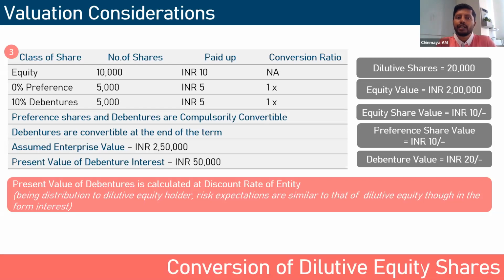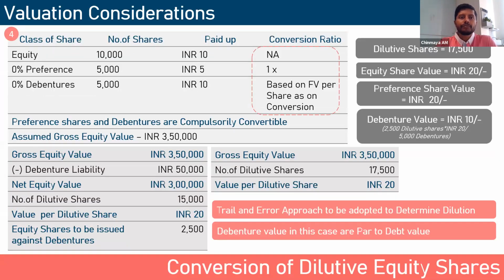For debenture, it will be 10 rupees plus another 10 rupees, which is 50,000 present value of debenture interest divided by 5,000 number of debentures, which is another 10. So 10 plus 10, it will be 20. So it is in line with what we discussed all this while. So I'm just moving on to the next example.